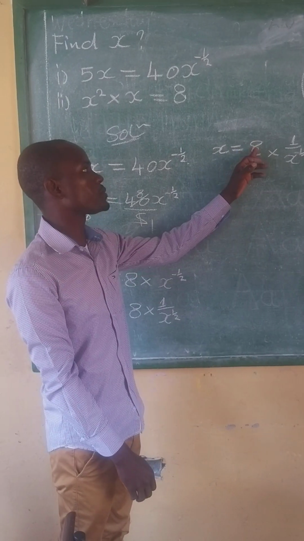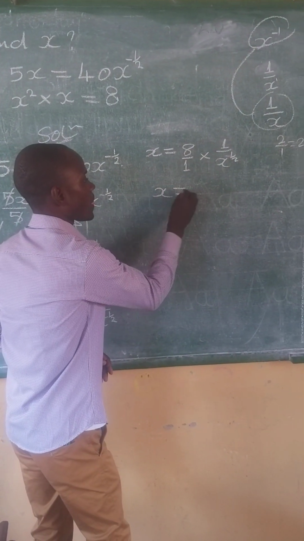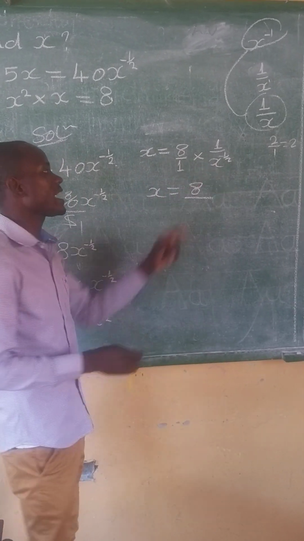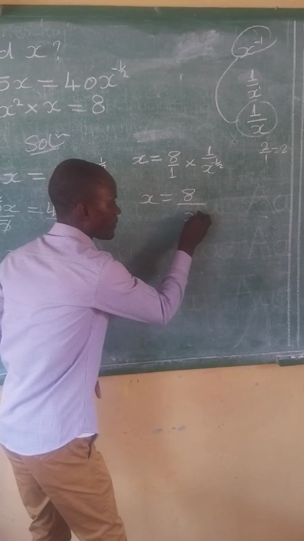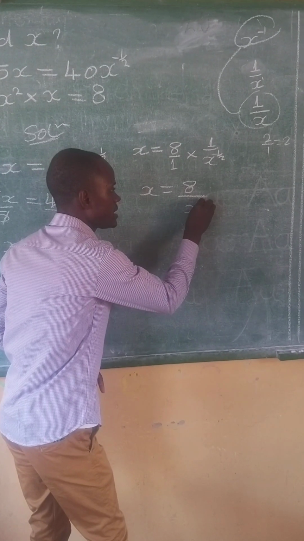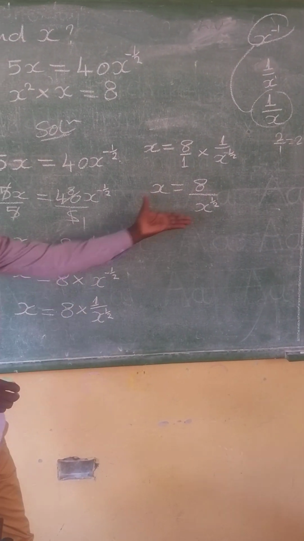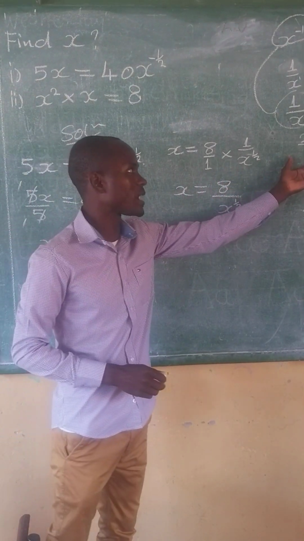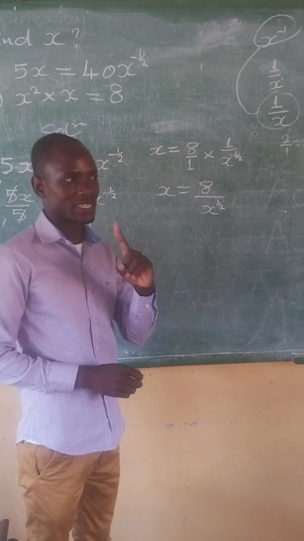Now with multiplication it becomes very simple. You multiply 8 by 1 and you get 8, over 1 multiplied by x to the exponent of half, which is x to the exponent of half. Now remember what we said: any number over 1 is that number.